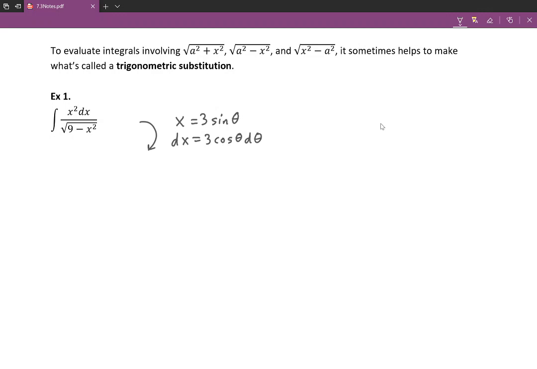And we're going to make one little note here, which is that theta is between negative pi over 2 to pi over 2. What this does is it forces the sine function to be 1 to 1. So let me just write that over here. So forces sine to be 1 to 1.